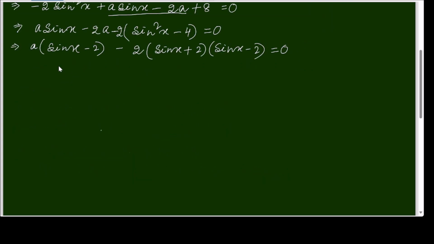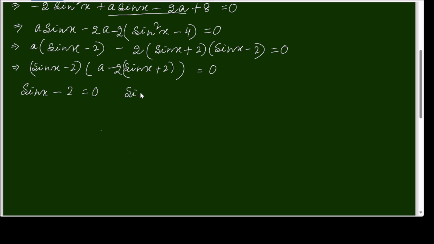From both of the terms I can take sin x minus 2 common. So it will be (sin x minus 2)(A minus 2 sin x minus 4) equals 0. One factor is sin x minus 2 equals 0.